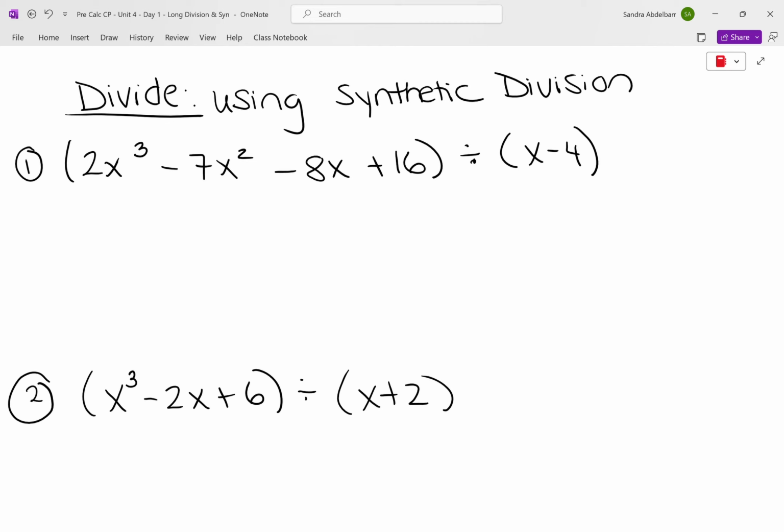Does anybody know how I could potentially trick you with the second one? You need to add the 0x squared. That's how I can trick you with the second one. So for the second one, you have to add the 0x squared. So it would be x cubed plus 0x squared minus 2x plus 6.